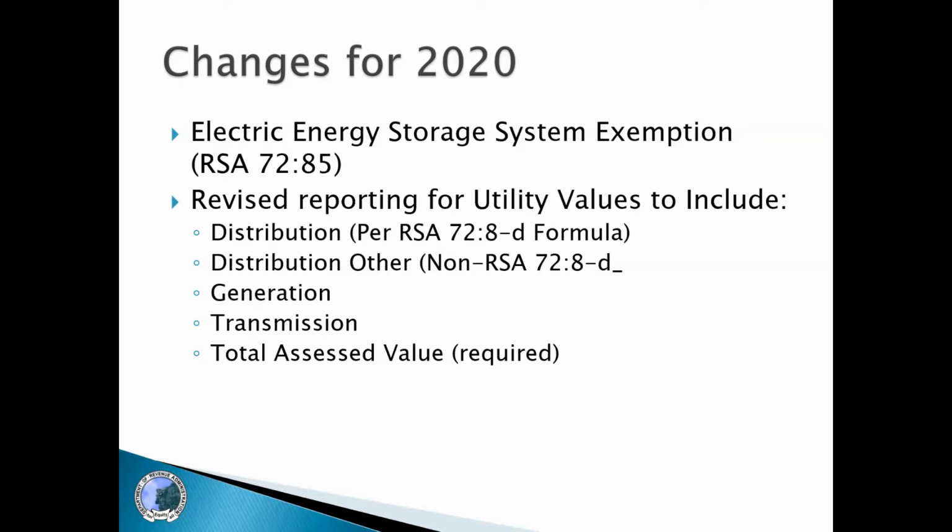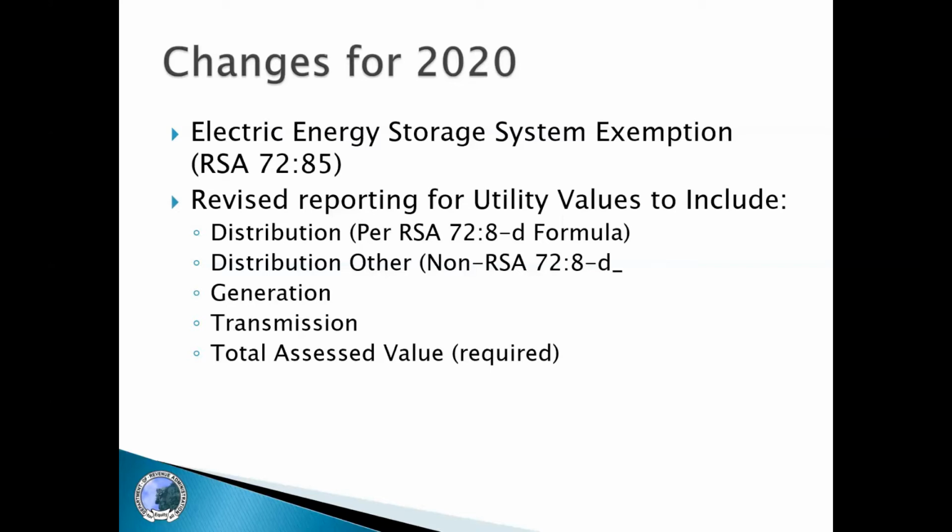And of course, the total assessed value, which is what you've always reported. That is the most important value because that is what DRA will use moving forward with equalization and in the tax rate process. So that is the important and that is the required field.